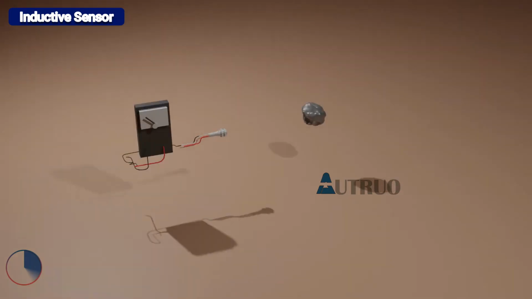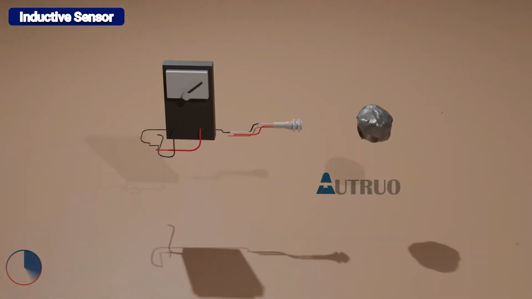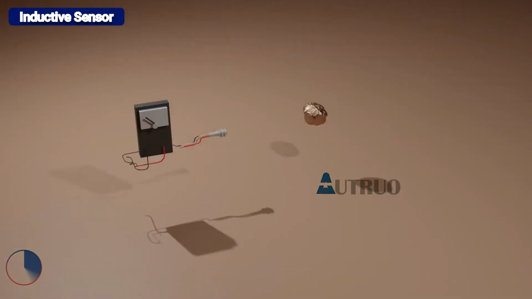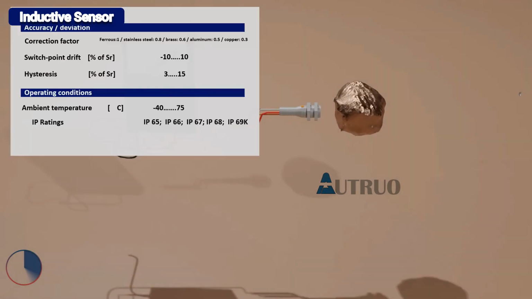Let's look at a typical example. The sensing distance of this sensor is 15 mm. But for non-ferrous metals, the correction factors for non-ferrous materials are stated here. A simple magnetic test can be used to differentiate ferrous metals from non-ferrous metals.